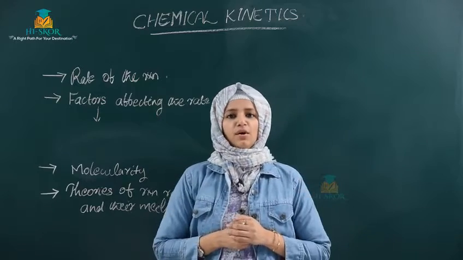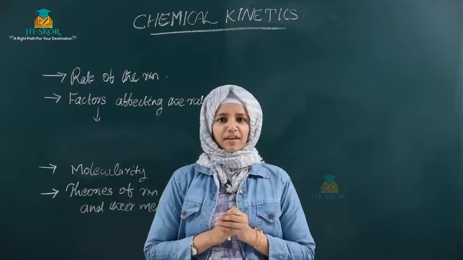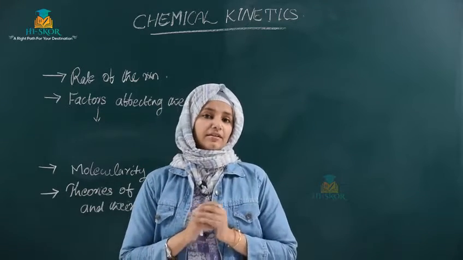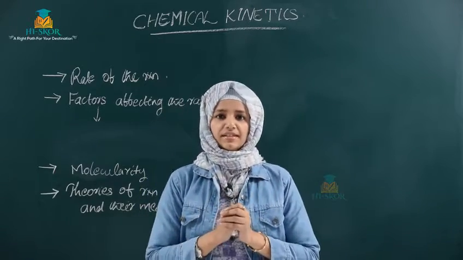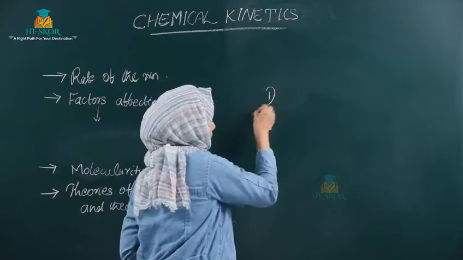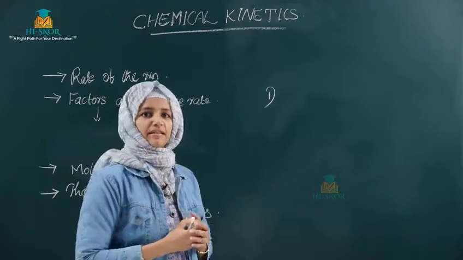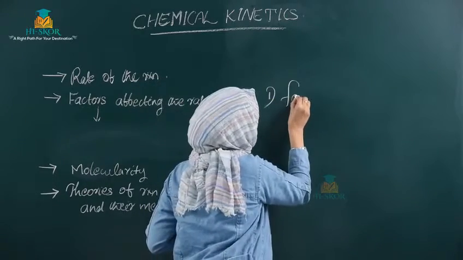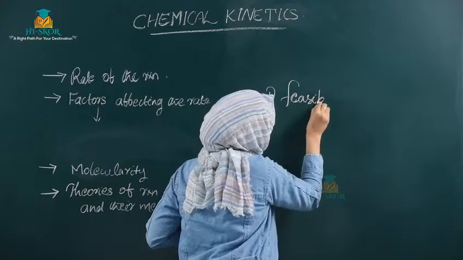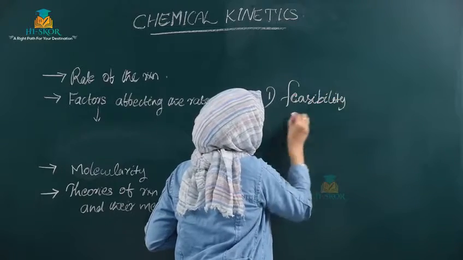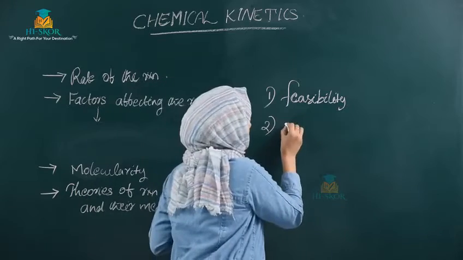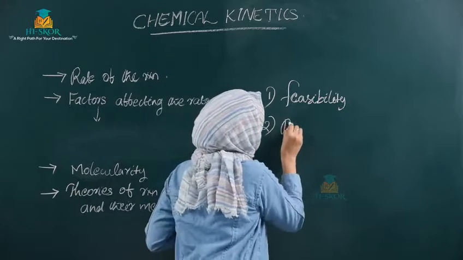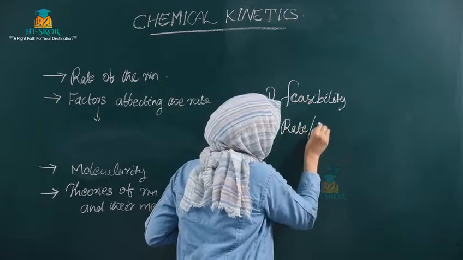So, when we consider any type of chemical reaction, three things come to our mind. Which are the three things? First is the feasibility of the reaction. The second is the rate or speed of the reaction.